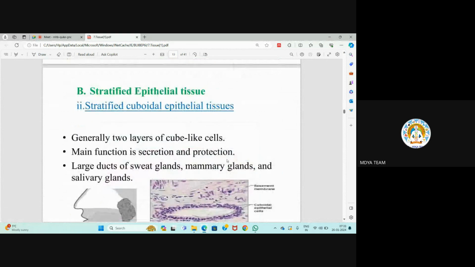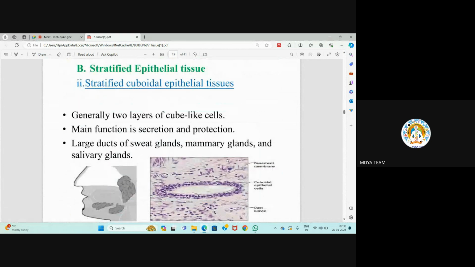So we will move to stratified cuboidal epithelium tissue. So generally two layers of cube-like cells. Ma'am, would you please explain the stratified epithelial tissue again? I mean, I know that stratified epithelial tissue has multi-layers.